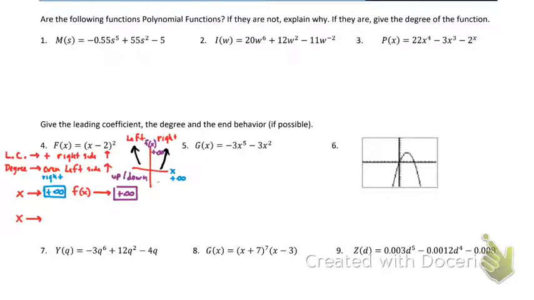So we want to put a number in here that represents the graph on the left. We're on the x-axis again. That's why we're using the letter X here, to let everybody know we're using the x-axis to tell where we're at. On the left side, what's going on over here on the x-axis? That's negative infinity. So we are talking about the negative infinity part of the graph, the left side.